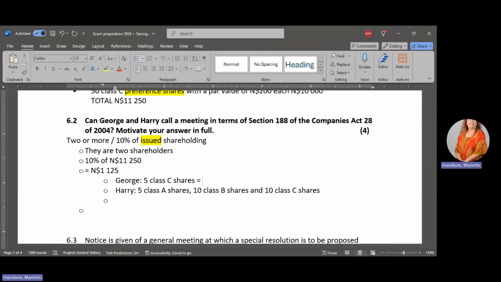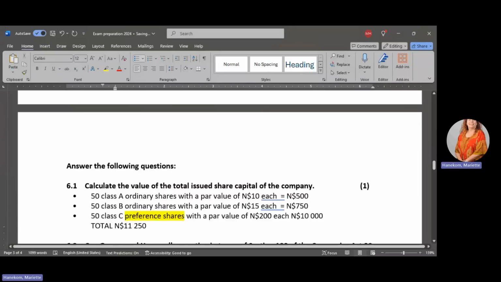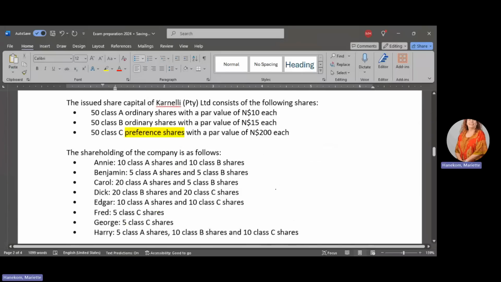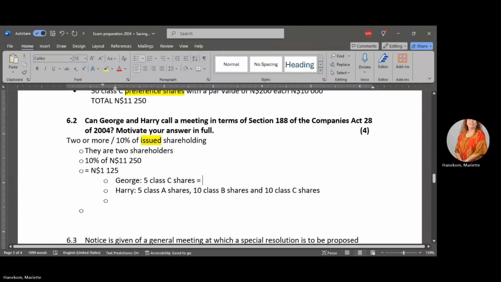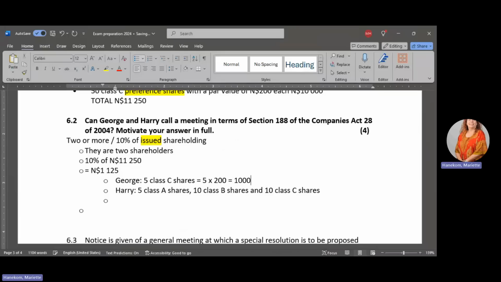Five Class C shares, so that gives us 5 times 200, is 1,000.